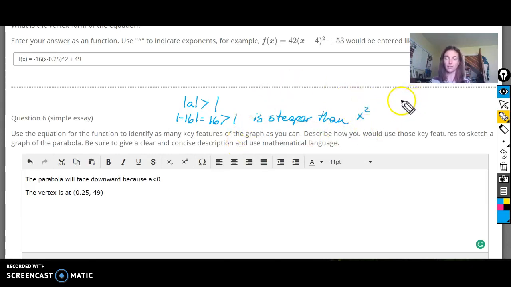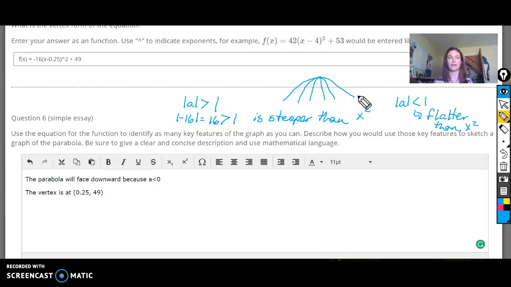On the contrary, if the absolute value of a is less than 1, then the graph is going to be flatter than x squared. So if x squared looks something like this, then the steeper version would look something like this, and the flatter version would look something like that, okay?